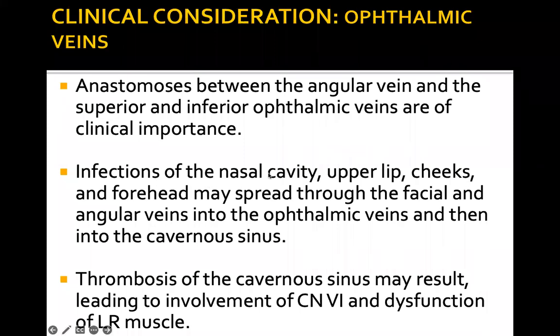Okay, so infection of the nasal cavity, upper lip, cheeks, and forehead may spread through the facial and angular veins into the ophthalmic veins and then into the cavernous sinus. Thrombosis of the cavernous sinus may result, leading to involvement of the cranial nerve 6 and dysfunction of the lateral rectus muscle.